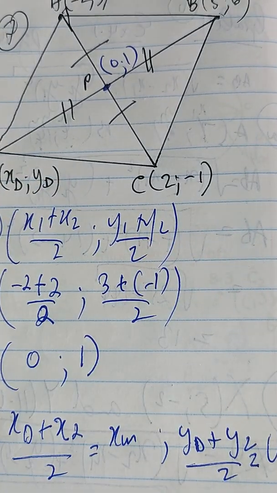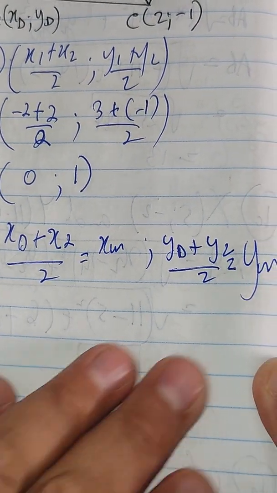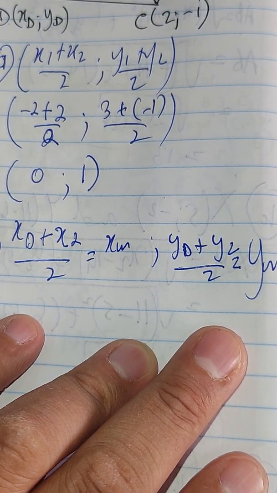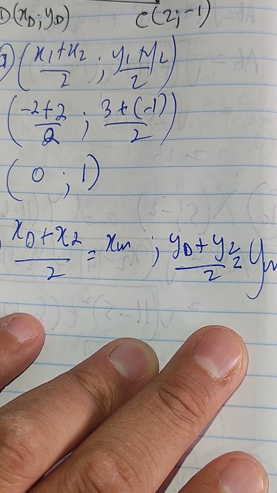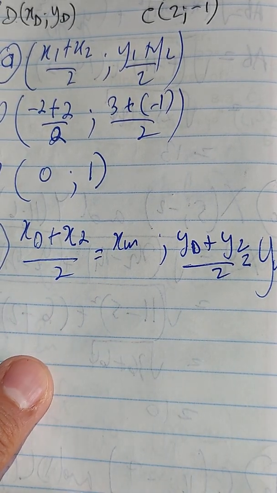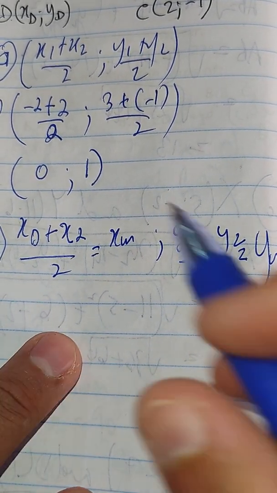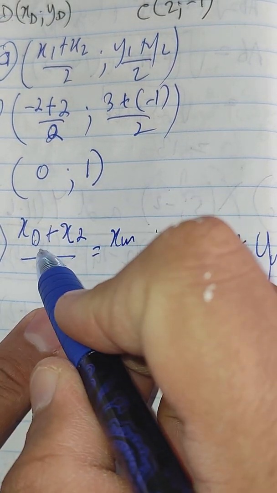Importantly, there are many ways of calculating the fourth vertex of a parallelogram. This is just one of the ways. There are easier ways, but we're working with what we have at hand, which is the midpoint formula.